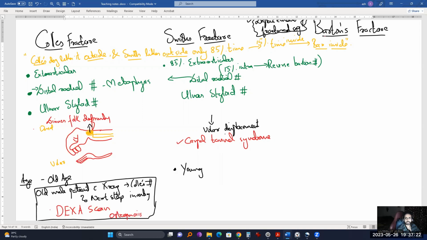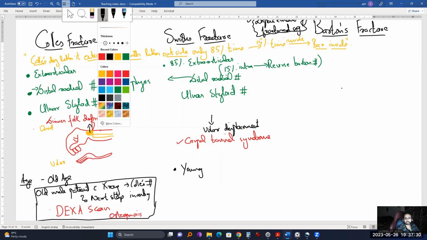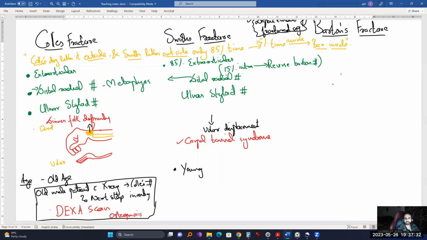Okay, so now the next is the Barton's fracture. So now let's see what is in Barton's fracture. As we have seen, it is an intra-articular fracture of the distal radius, and here there is classical Barton.